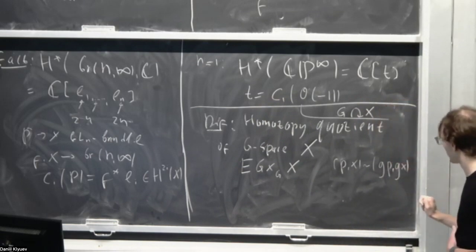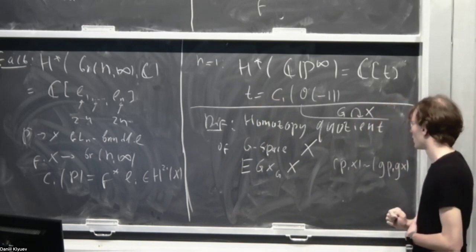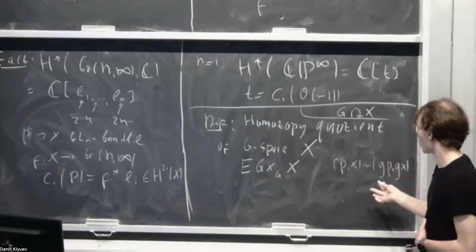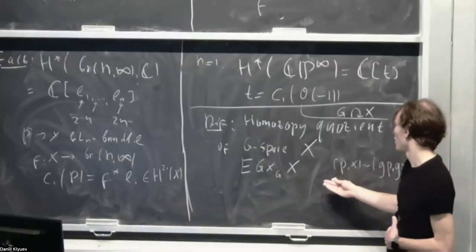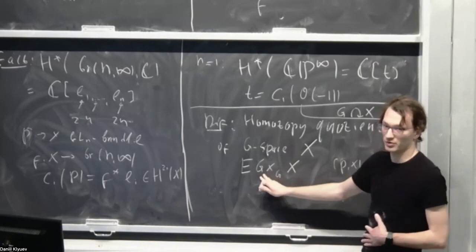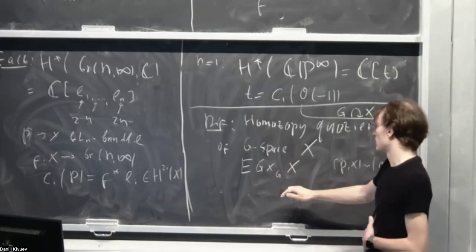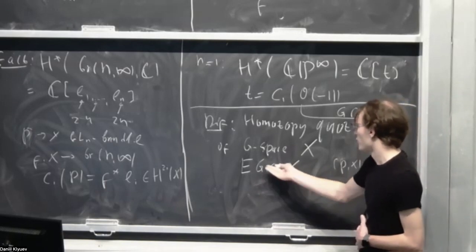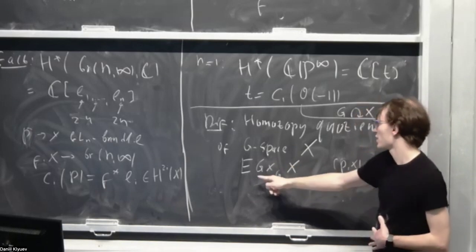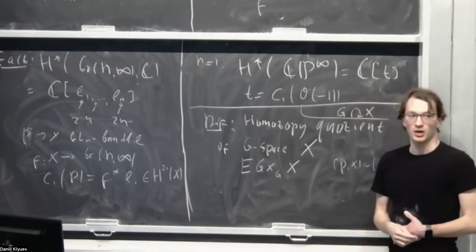So we quotient this product by a free action of G. It's free on this product just because G acts freely on EG.